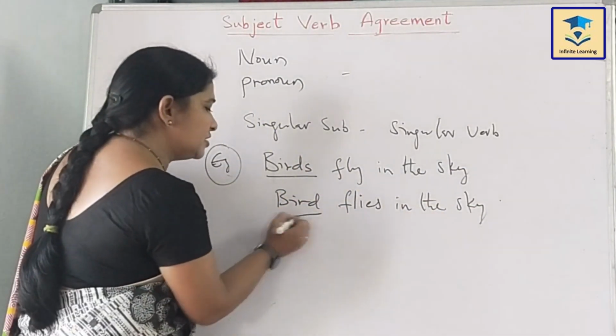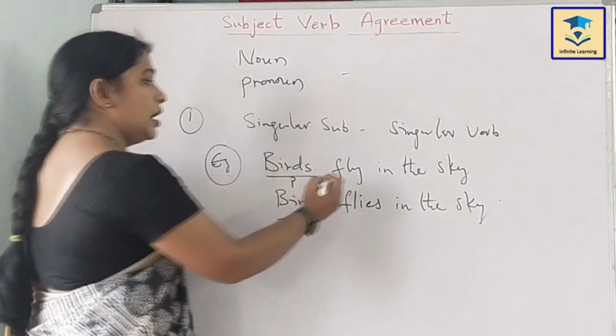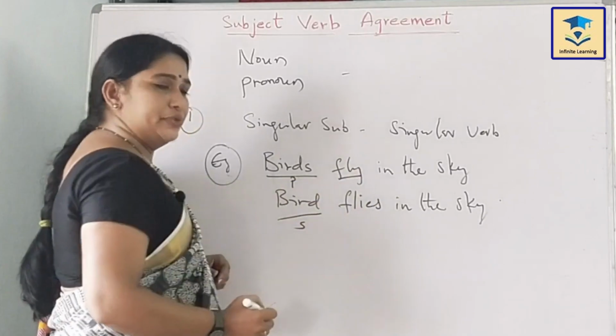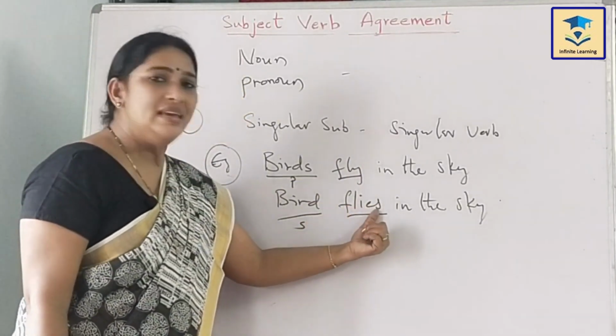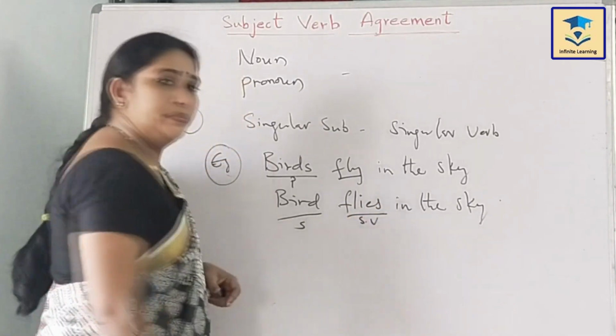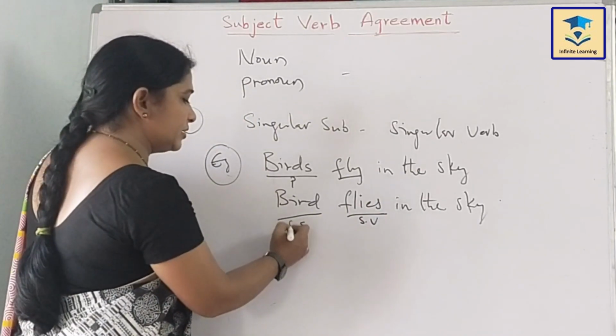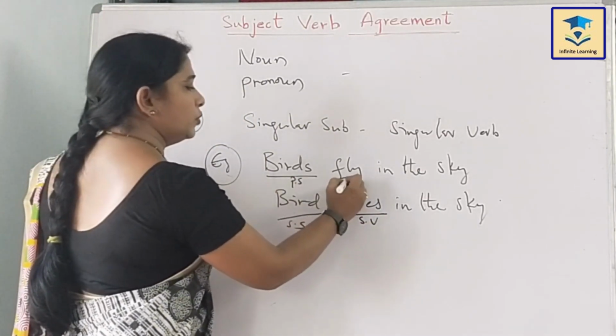See, here the subject is singular. Here the subject is plural. Yes? And here we got fly, the verb. And here we got flies. What is added here? Es is added. So flies is the singular verb. Singular subject, singular verb. This one is the plural subject, plural verb.